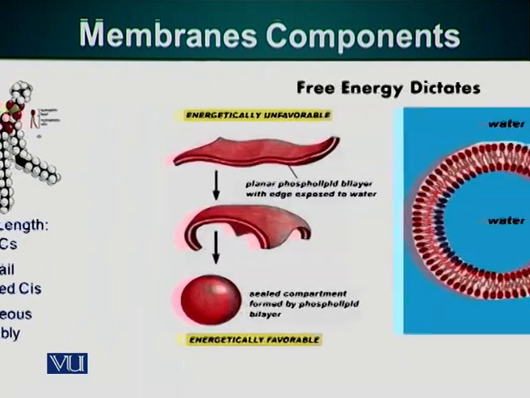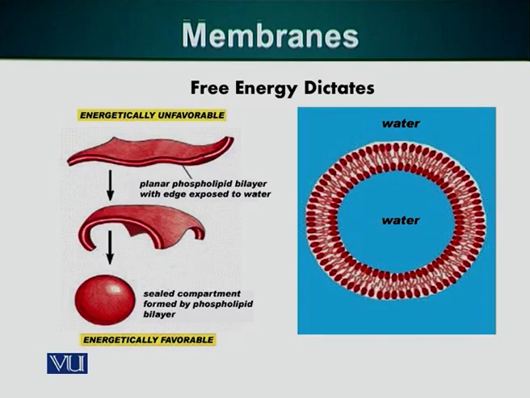This sphere, here you can see on the screen, it is energetically favorable for these membranes to fold and form spheres. Here you can see that this membrane is arranged in such a way that the head regions, or the red dots you can see, those are the polar groups of the membranes. They are in touch with the aqueous environment, whether it is outside the cell or inside the cell.